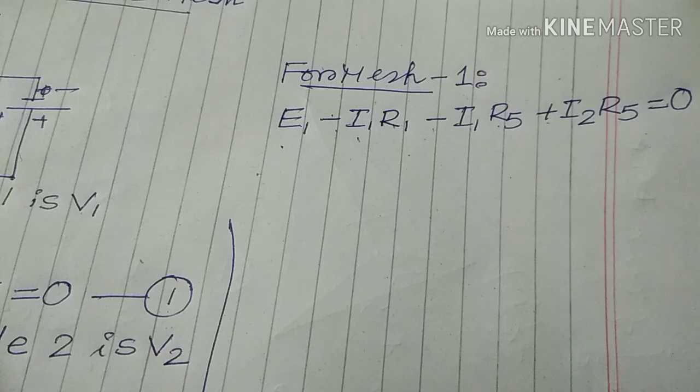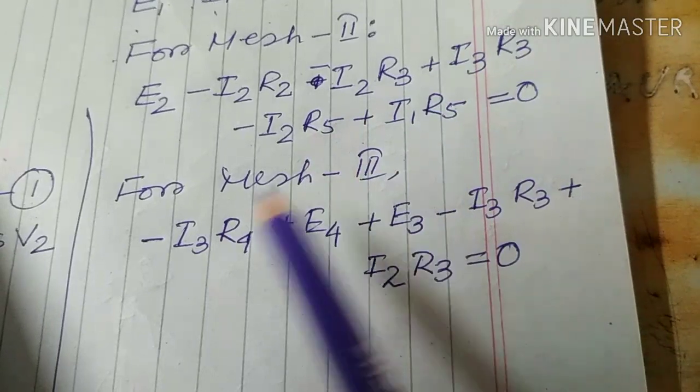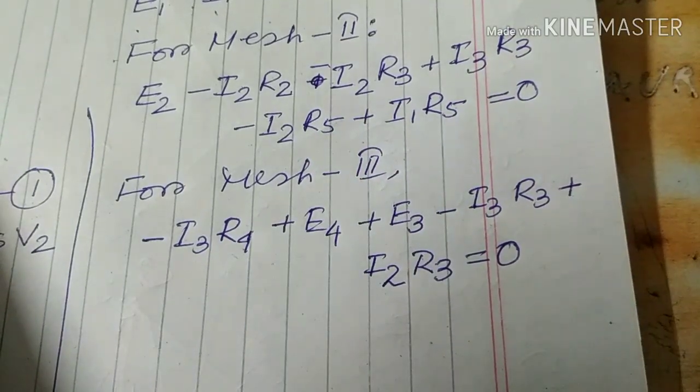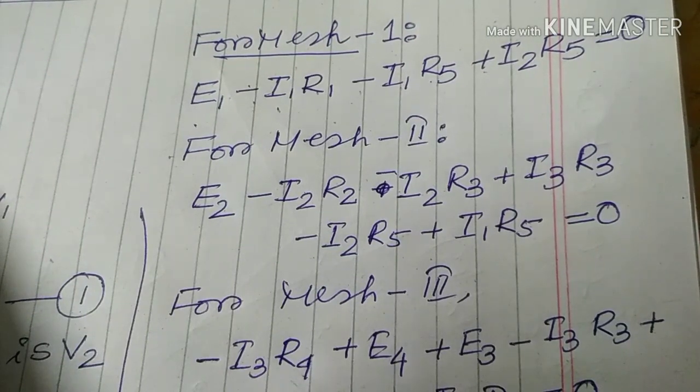For mesh 2 and mesh 3, in this way we form the equations. So these are the equations for mesh 2 and mesh 3. In this way we do the mesh analysis of a circuit diagram. There are three mesh equations: mesh 1, mesh 2 and mesh 3.